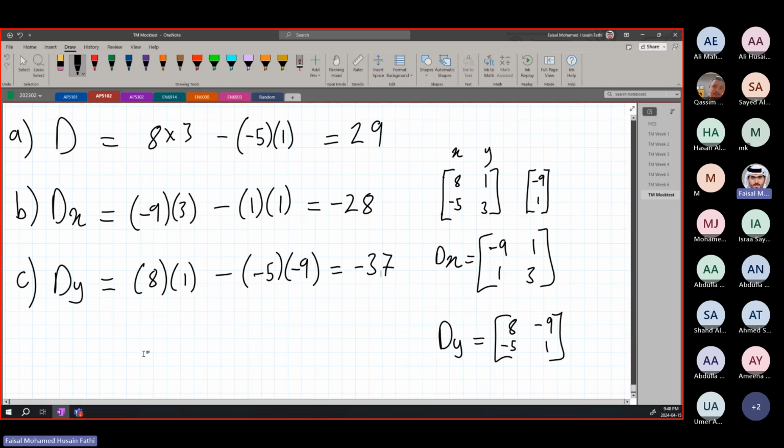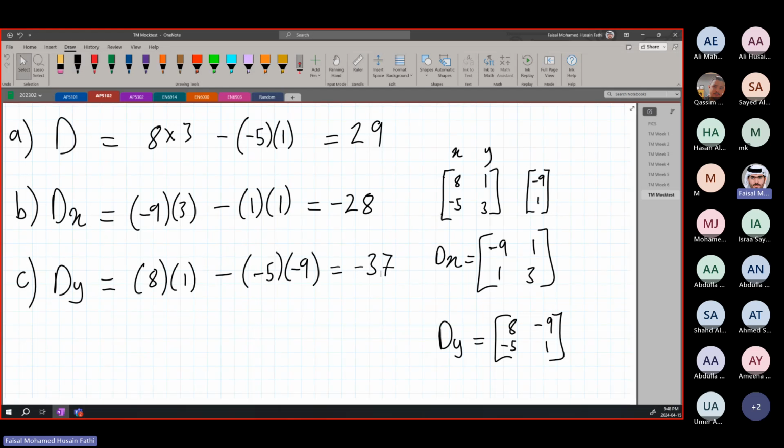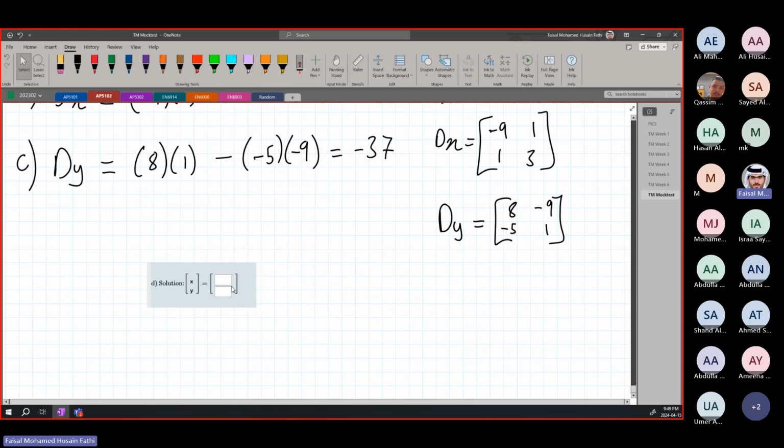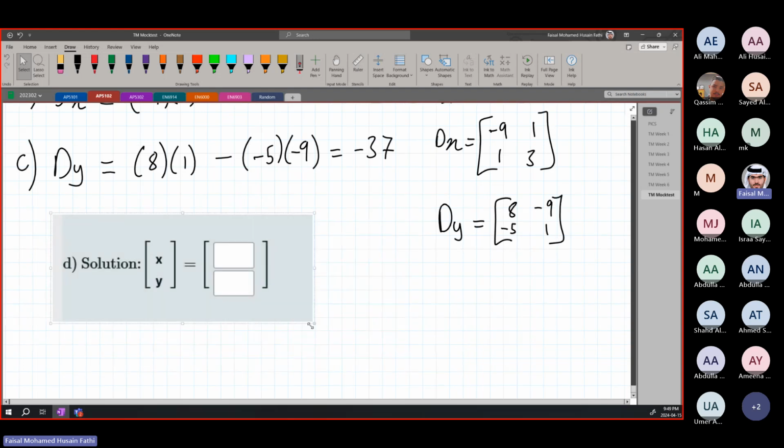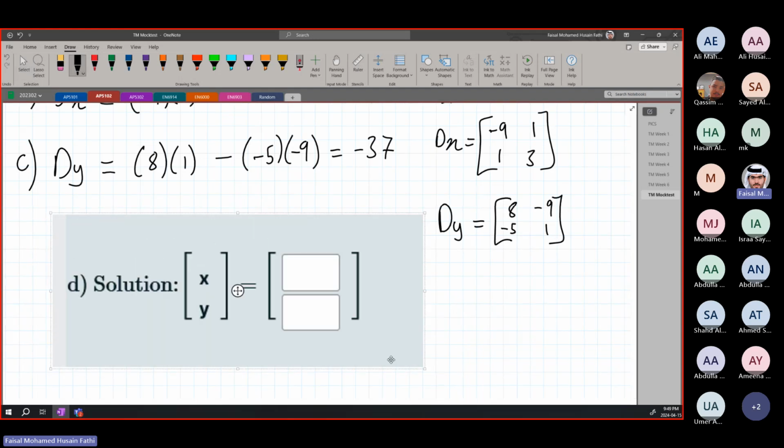Okay, since we found our dx, our dy, and d, I'm guessing the next part is going to be find the solution. Yeah, so just so you know, this is the way it is asked. Find the solution is asked in this way. All right, don't get confused. It's just x and y. So you need to find x, whatever value you have, you put it here, and you find y, whatever value you have, you put here.